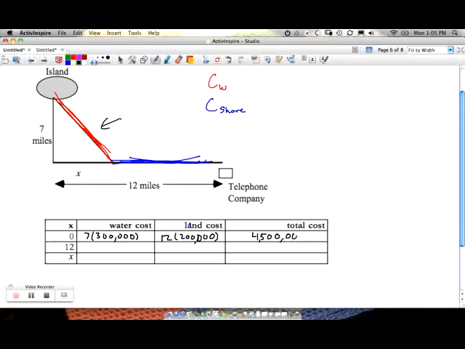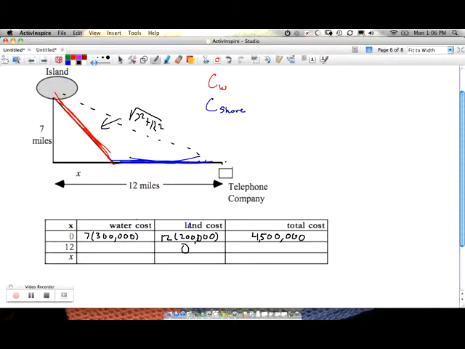Now, if it was 12, well, that's the other extreme. That means that x would be 12. We'd go all the way over here. So land costs would be 0. But the other one would be the square root of 7 squared plus 12 squared. So we need to figure out what that would be.